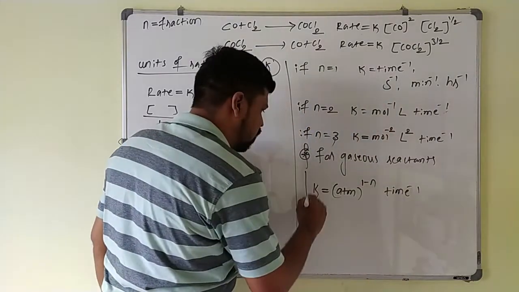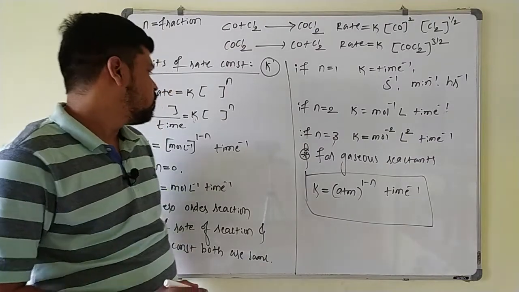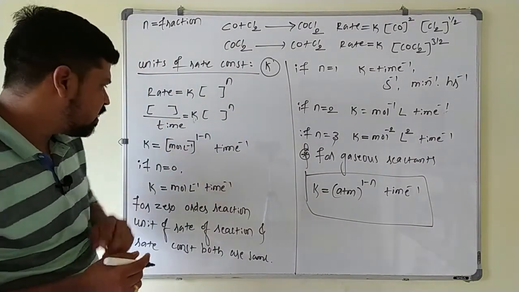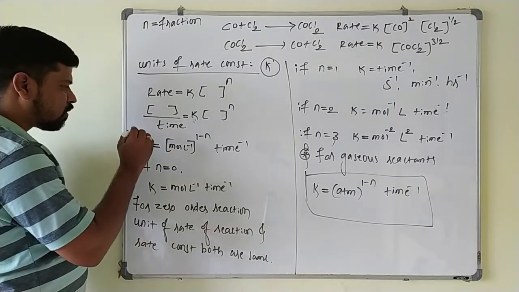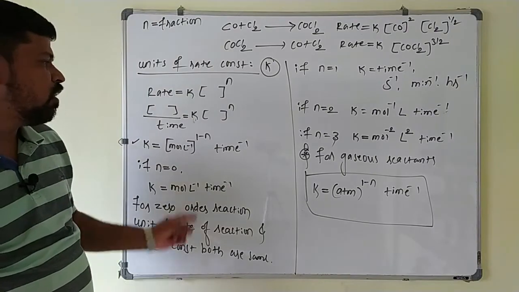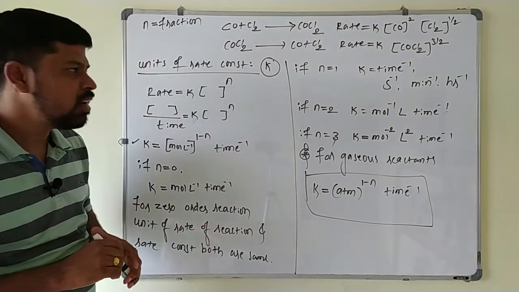So this will be the unit of rate constant if gaseous reactants are involved in the reaction. Just remember this general equation. In this, you substitute n value as 0, 1, 2, 3, 4, like that, and you will get the unit of rate constant for the different order reactions.